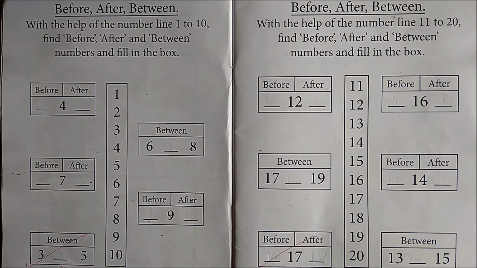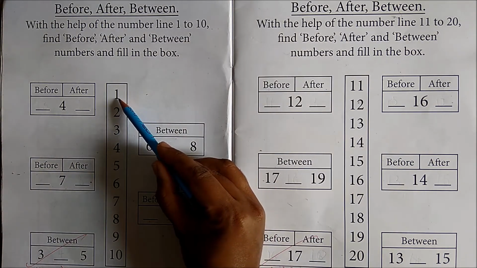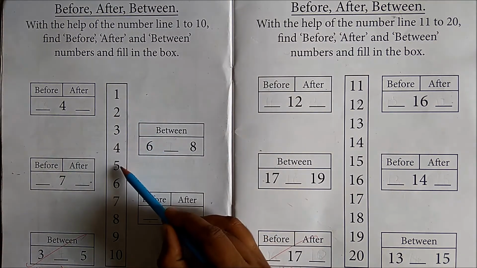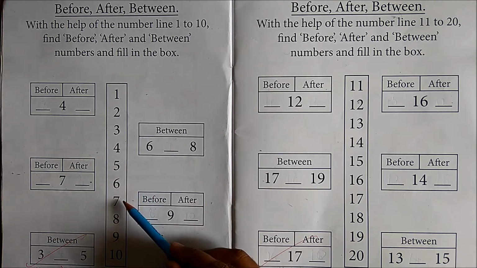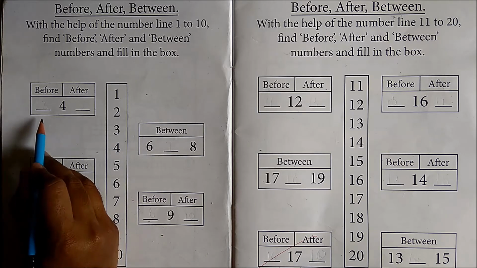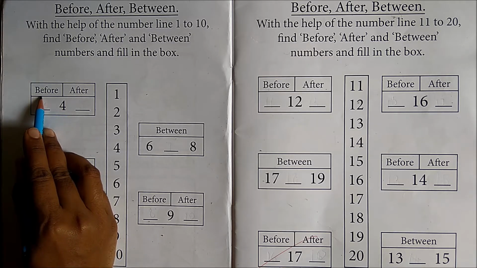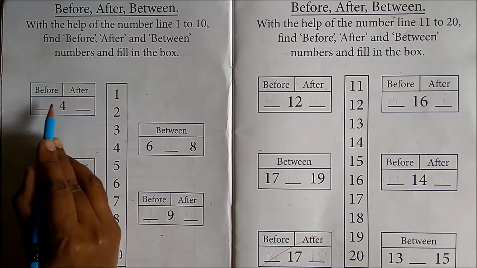Okay, children. So, there is a number line here which says 1, 2, 3, 4, 5, 6, 7, 8, 9, 10. So, the first one here, in between, there is a number 4. And this is before and this is after.